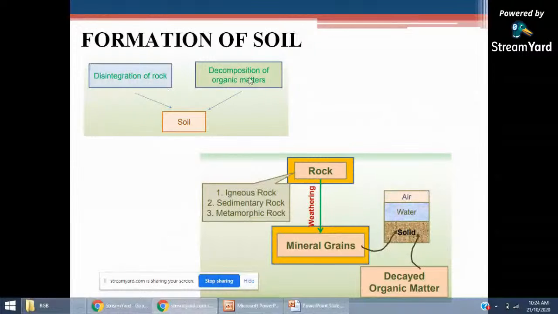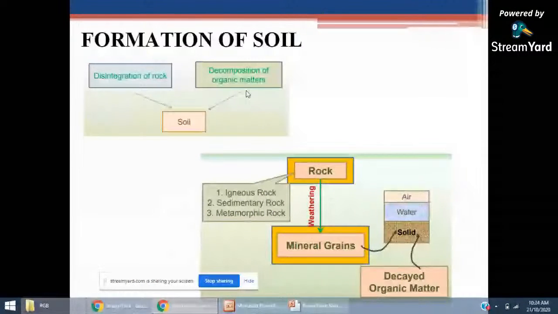Then decomposition of organic matters. Organic matters, vegetative matters, are there. They are growing in trees. When they grow in trees, the trees' roots push the rock, disintegrating it into small soil particles.